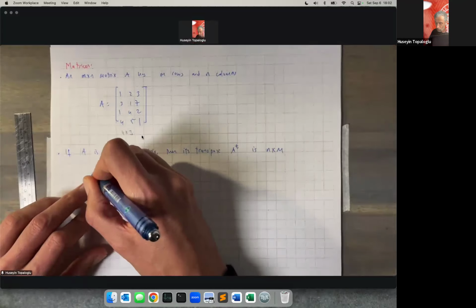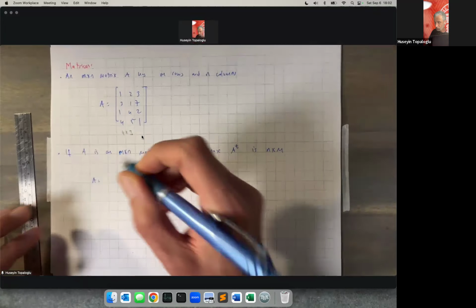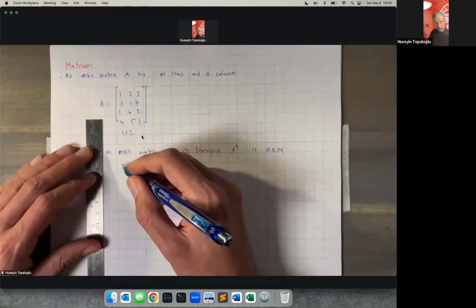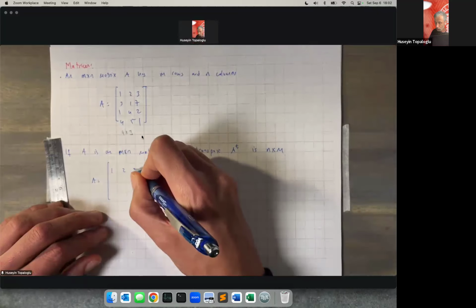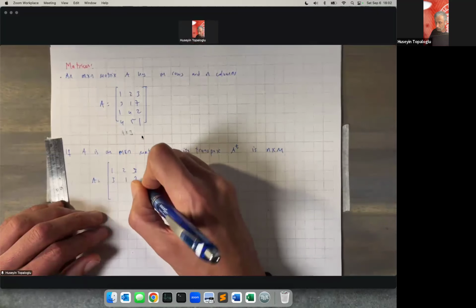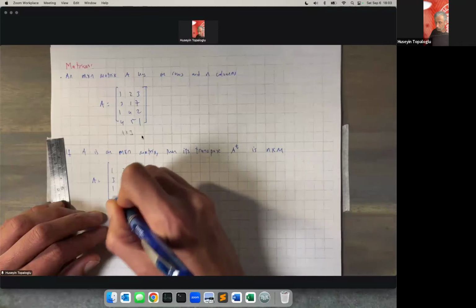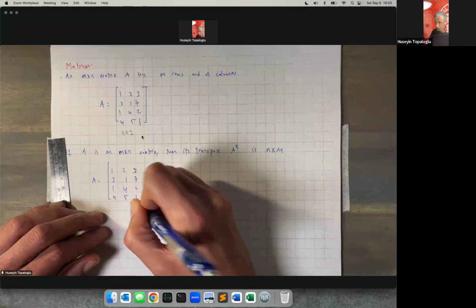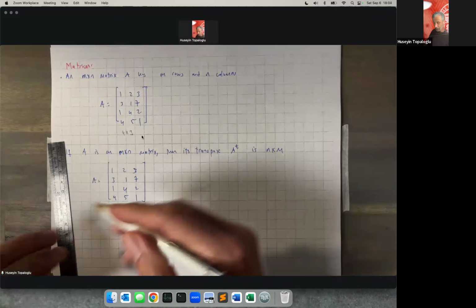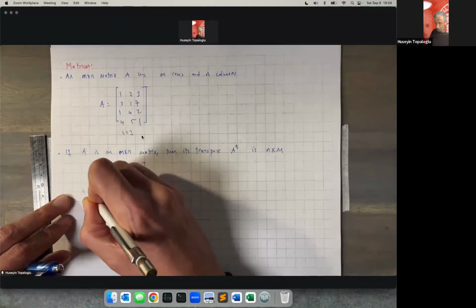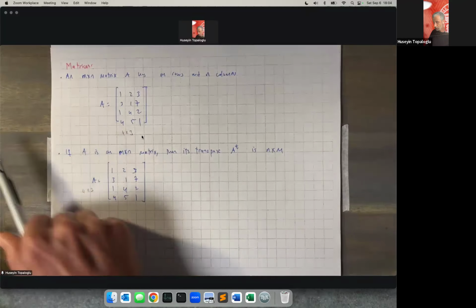Let's take an example again. Let's take the matrix that we put on the right up above: 1, 2, 3, 3, 1, 7, 1, 4, 2, 4, 5, 1. This is a matrix of size 4 by 3, 4 rows and 3 columns.